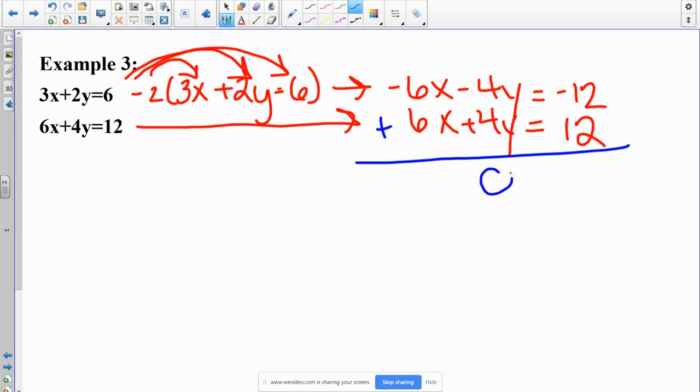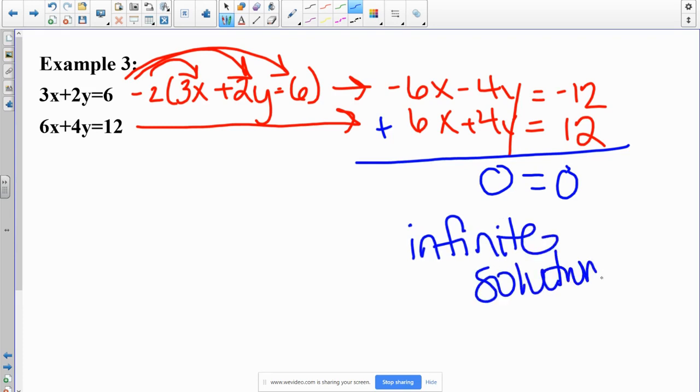So I'm left with nothing on my left side. I'm going to look at my right side. I'm going to notice, well, -12 plus 12 is also 0. So since 0 equals 0 is a true statement, then I can tell you that the answer is infinite solutions, because you canceled out the variables, which leaves you with the mathematical statement of 0 equals 0. Again, that's true, so it's infinite solutions.